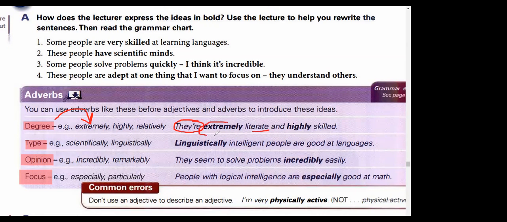What are we describing with extremely? We are describing the adjective highly, or in this case, the expression highly skilled. So highly is describing a skill, and extremely is describing highly skilled. So when you're describing adverbs or adjectives, we don't use adjectives.